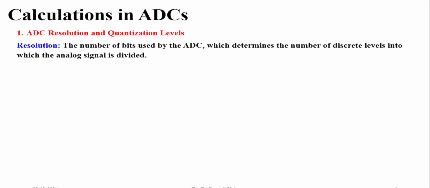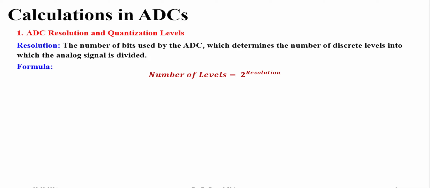Now let us look into some basic calculations related to ADC. The first and most important parameter is the ADC's resolution. Resolution is the number of bits used in the ADC, and it determines the number of discrete levels into which the analog signal can be divided.